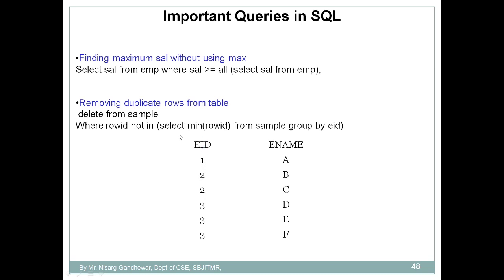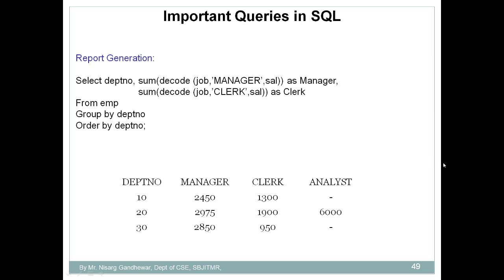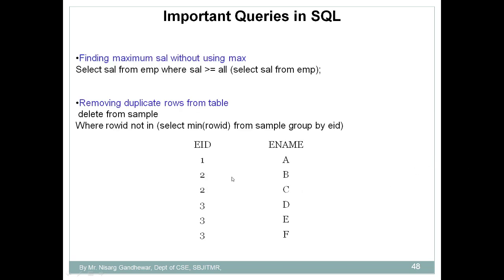It will return only three values. Select minimum of row ID will return three values, one for ID1, second for ID2, and third for ID3. For example, out of these two, if the minimum row ID is this, it will return this. Out of these three it will return one.